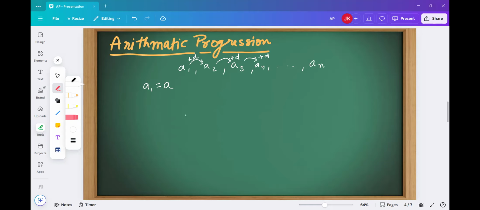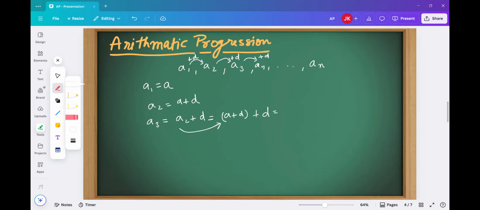So can I write it like this: A1 is A, so I can write A2 as A plus D. Similarly, I can write A3 as A2 plus D, and A2 is A plus D. So I'll be getting A plus D, and I'm adding another D again.